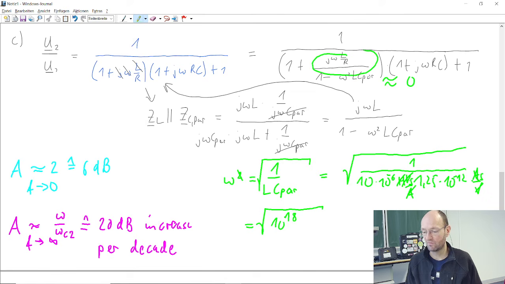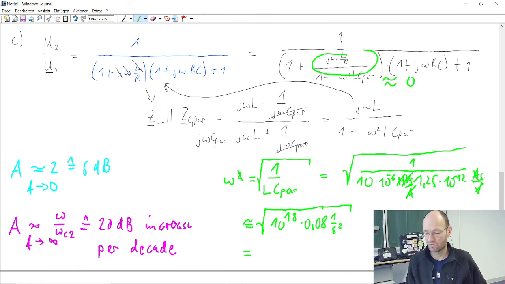And then we have 10 and 1.25, which would be 12.5, and 1 over 12.5 is 0.08 something, and we have 1 over second square.